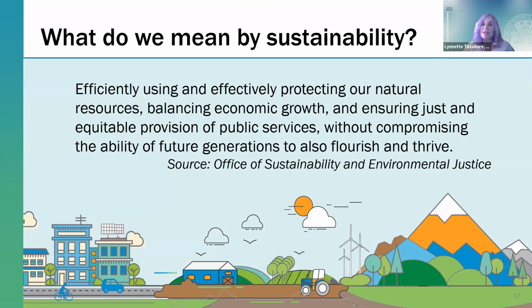And so a definition of sustainability developed by the county's Office of Sustainability and Environmental Justice in collaboration with our stakeholders is efficiently using and efficiently protecting our natural resources, balancing economic growth, and ensuring just and equitable provision of public services without compromising the ability of future generations to flourish and thrive.